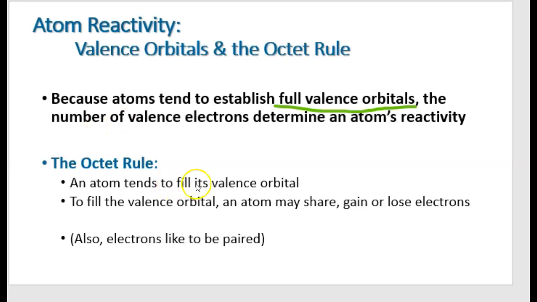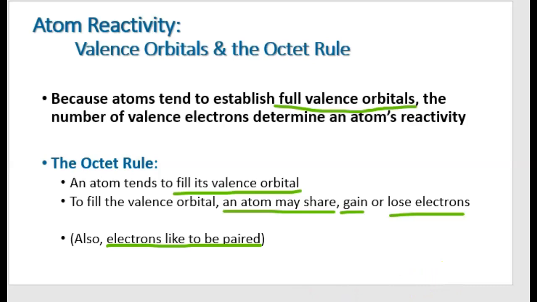This tendency to want to fill its valence orbital is called the octet rule. To fill its orbital, an atom could share, gain, or lose electrons. Another thing that plays a role in the reactivity of an atom is that electrons prefer not to be solitary. They like to be paired.